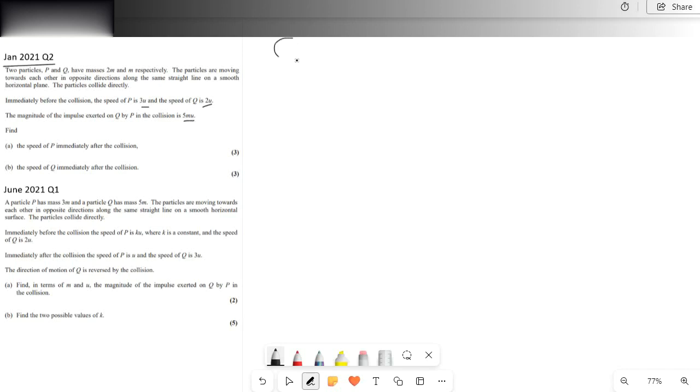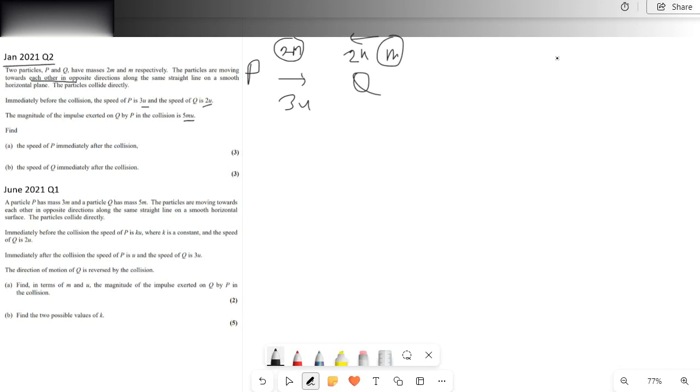So similarly, we have to draw the particles again. If this is P and if this is Q, this should be 2m and this should be m. And we know that before collision, this should be 3u. And they are moving towards each other, therefore Q should be moving opposite with a velocity of 2u as given.